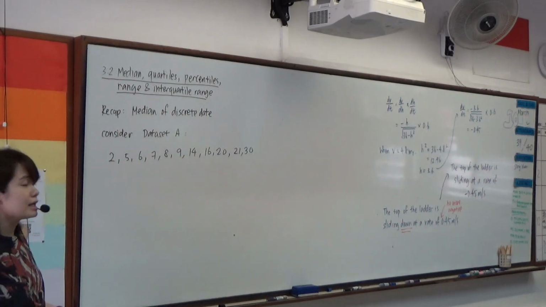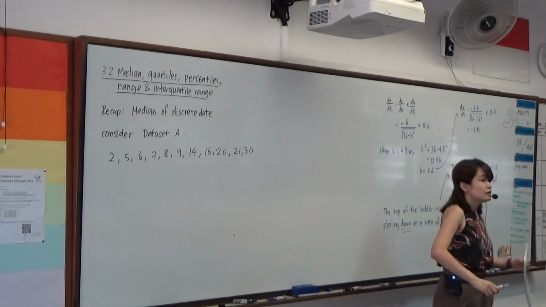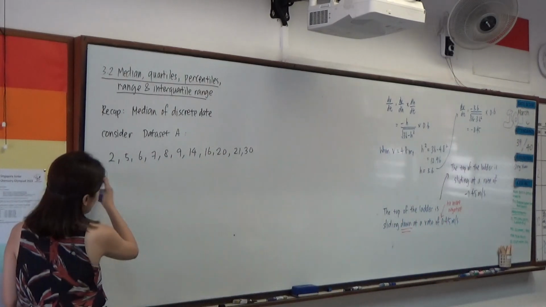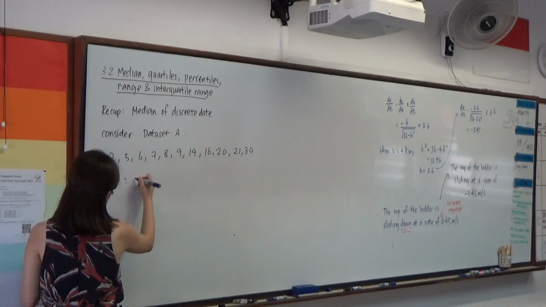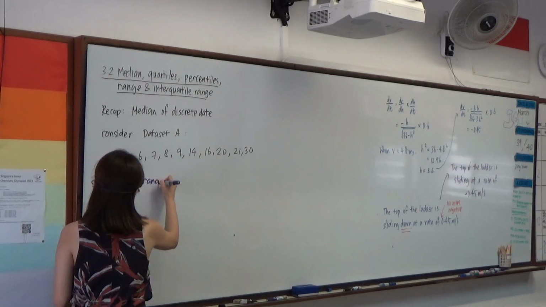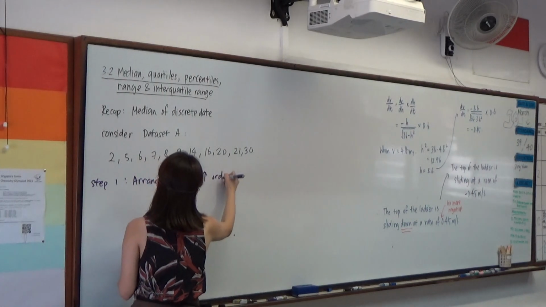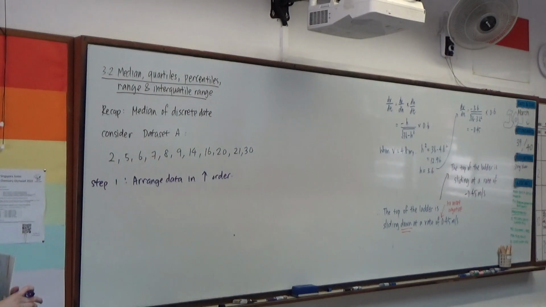When it comes to finding the median of any data set, the very first step that we must always do is to arrange everything in order. So that's the very first step.